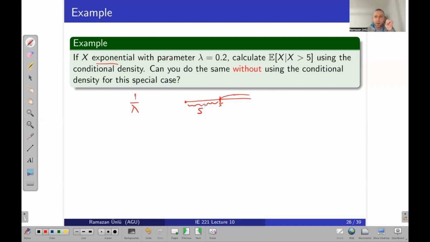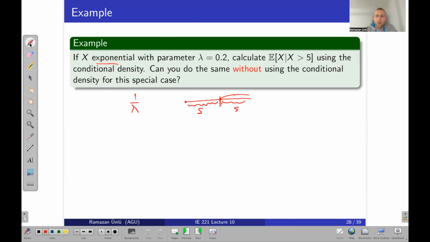Now, regardless of what happened in the past, because the exponential distribution has the memoryless property, I can do the same thing for the future. Again, 1 over lambda is 5, so the expected value of x is 5 plus 5, which is 10. That is a valid calculation if the distribution has the memoryless property.